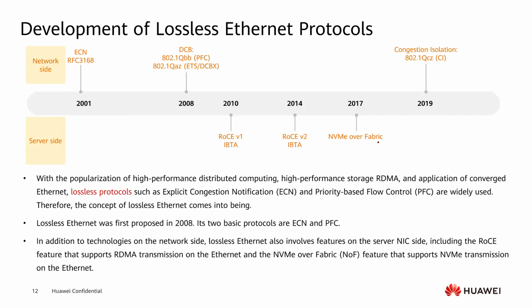We can see different programs, such as in 2017, NVMe over Fabrics was generated. With the popularity of high-performance distributed computing and high-performance storage, RDMA and the application of converged Ethernet lossless protocols such as ECN, explicit congestion notification, and priority-based flow control (PFC).